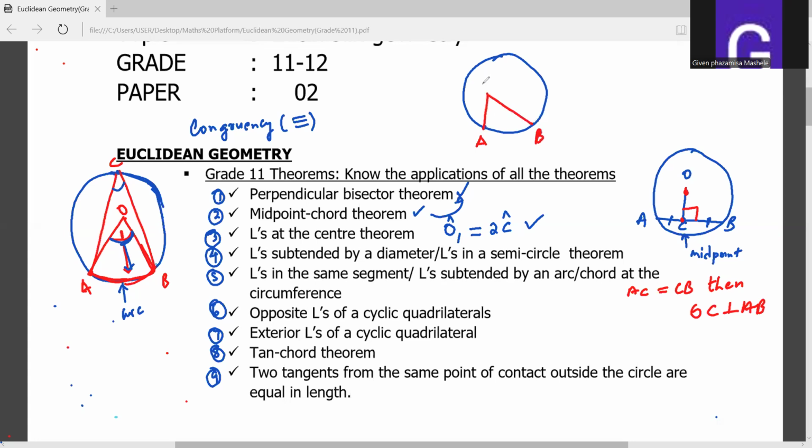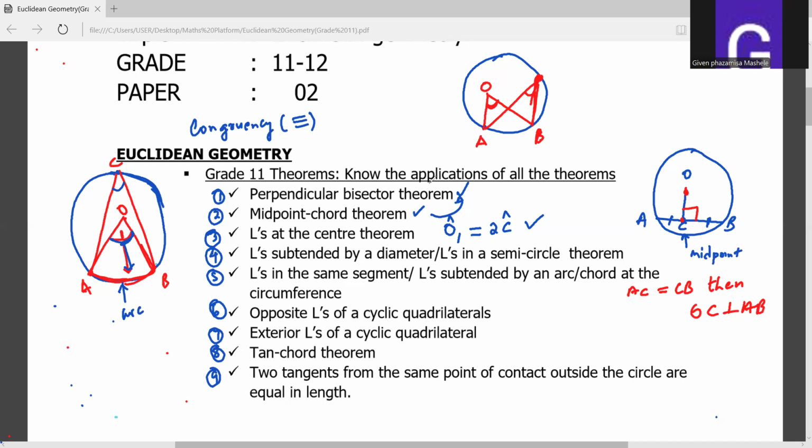It's just an example. Let's say this is our center. We form this angle. And you find that we still have another angle at the circumference, but coming from that arc. So it means the angle at the center must be twice the angle at the circumference. Only when it is at the circumference. Angle at center, twice the angle at the circumference.